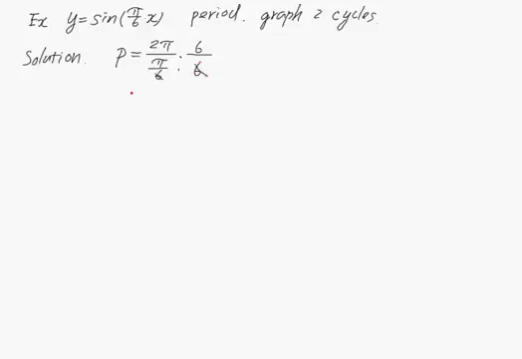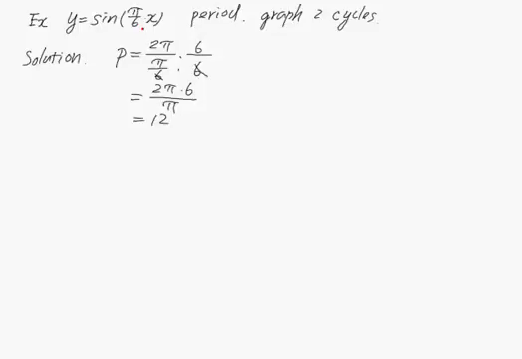Right? So you get 2 pi times 6 over pi. And then the pi's cancel. So finally you get 2 times 6, 12. So the period for this function is equal to 12.